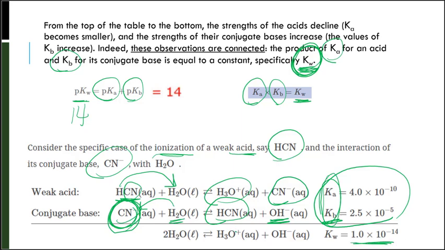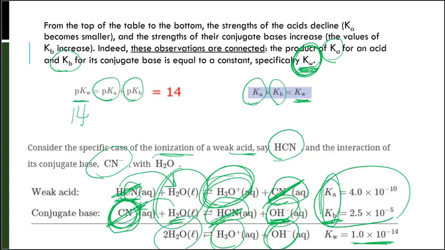If I cross off on both sides duplicates that I have on either side, HCN, HCN, CN-, CN-, and bring down what didn't cross off, my H3O plus will come down, my OH- will come down, and my two waters will come down.